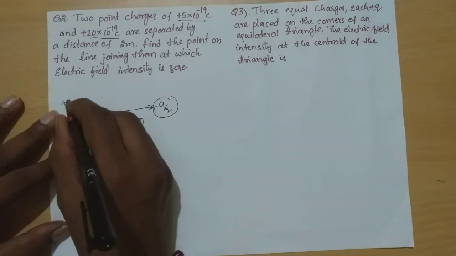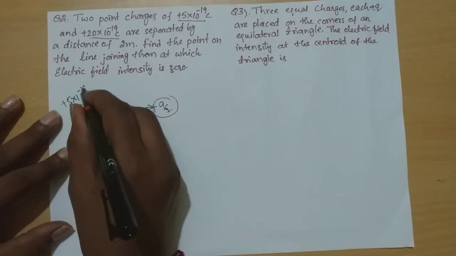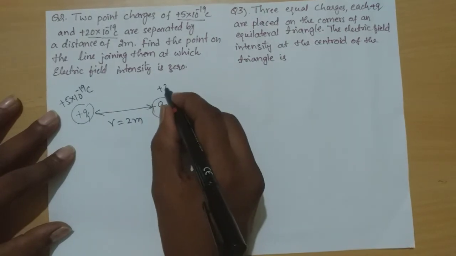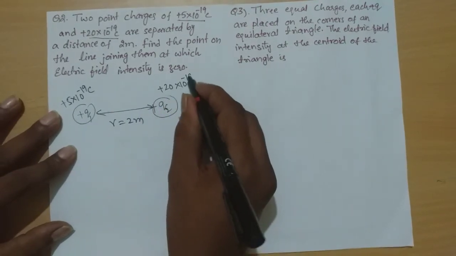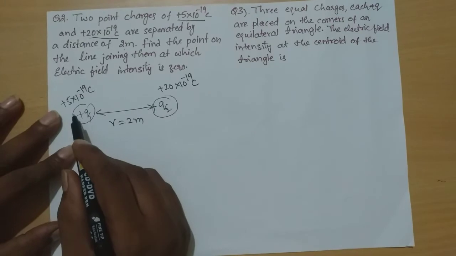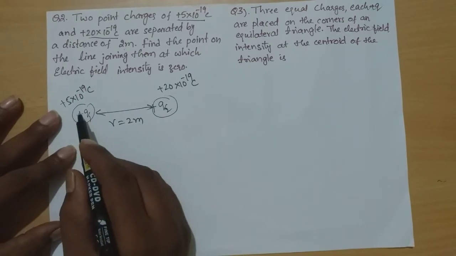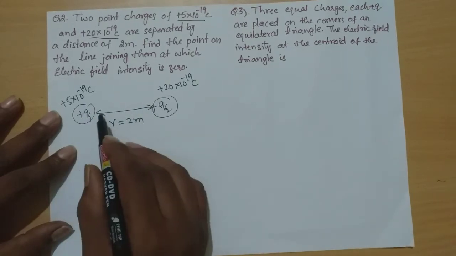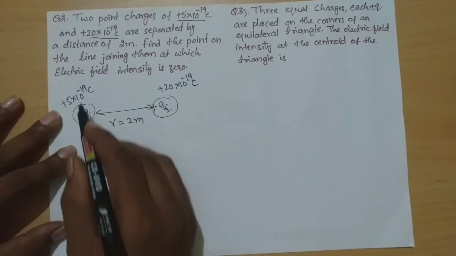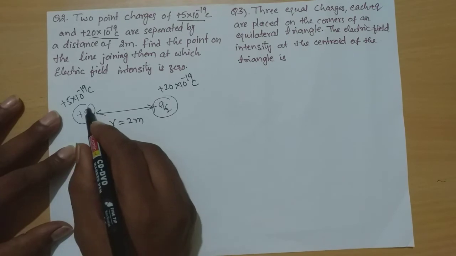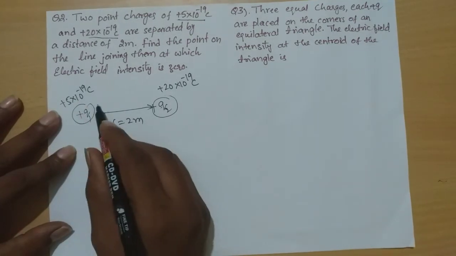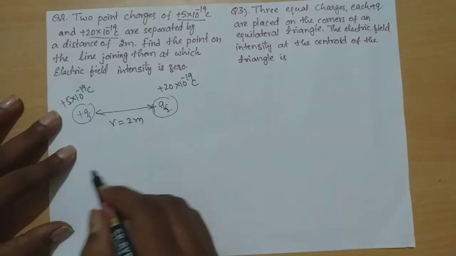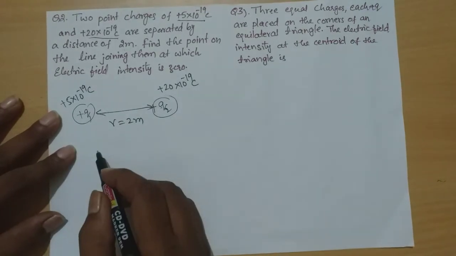Suppose q1 equals plus 5 into 10 power minus 19 coulombs, and this one is plus 20 into 10 power minus 19 coulombs. This charge has the smaller magnitude, so the electric field intensity is 0 in between these two charges, on the line joining them, but very close to the one which has the smaller magnitude. We have to find at what point.